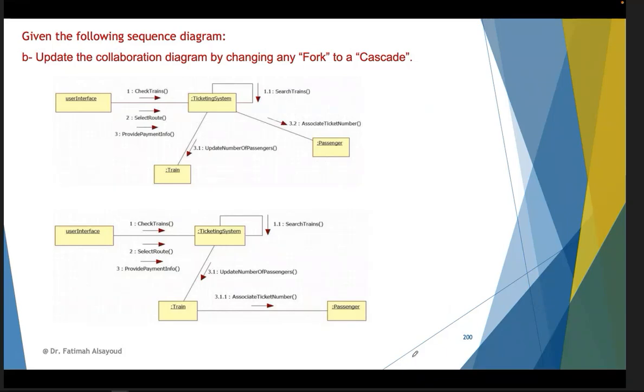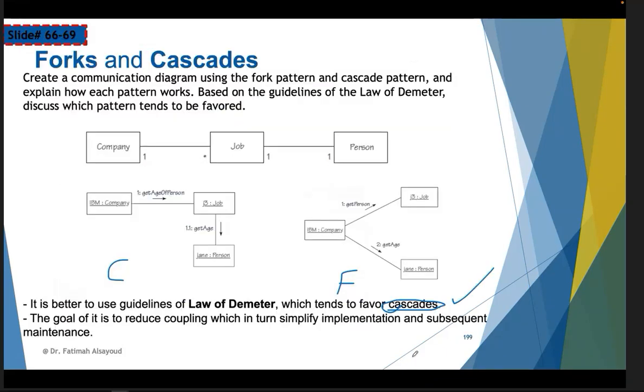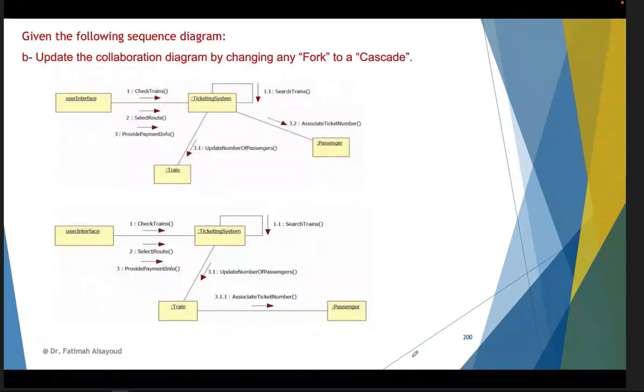طيب how will the fork and cascade concepts come up in questions? There is a lot of possibility. It can be an explanation, it can be a drawing, it can be giving a reason, it can be, for example, updating collaboration diagrams. مثلا I have this question.